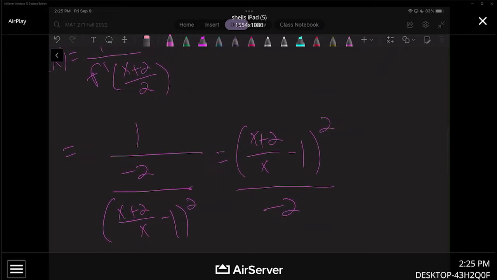And I believe that if we work this out completely, if we distribute this, we're going to end up with negative 2. Should we just work this out?